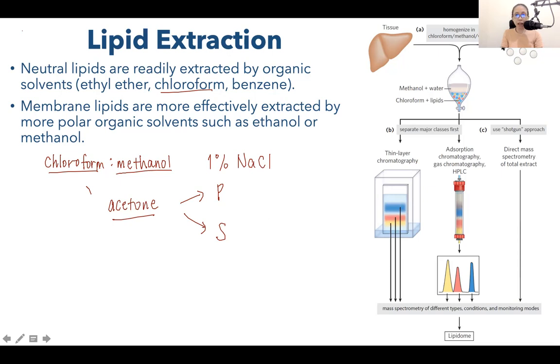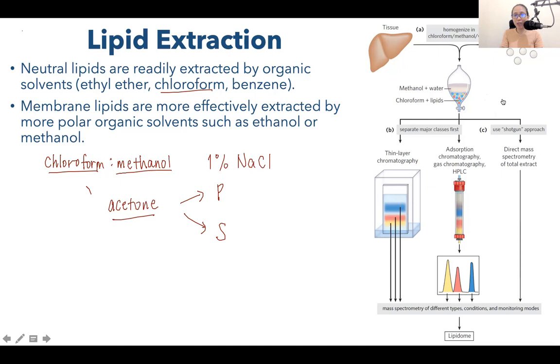Yeah, charged. The phospholipids are in the precipitate. I'm sure now. Final answer.